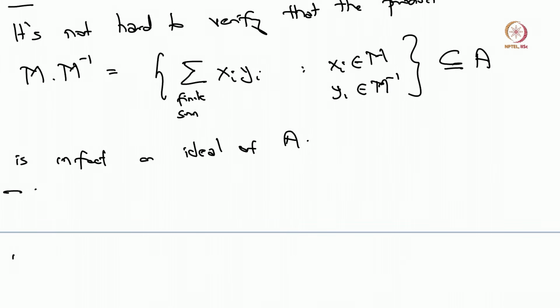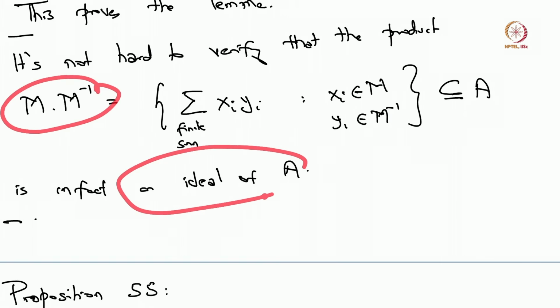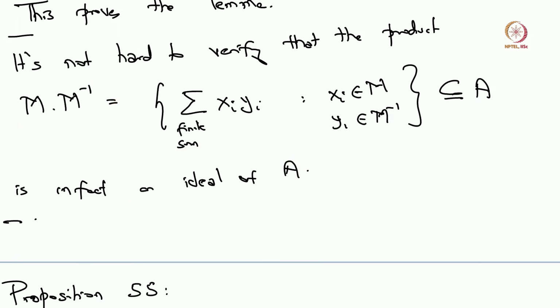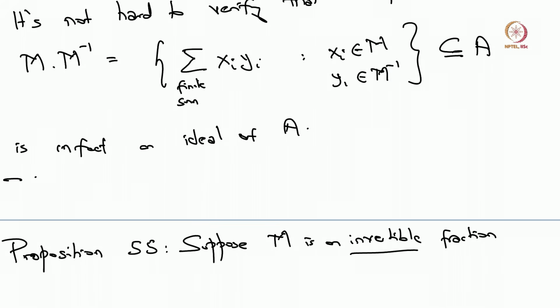And so the next proposition, proposition 55. So now the question is, you know that M times M inverse is an ideal of A, and just because I denoted this M inverse, it suggests that it could be an inverse to M. So I really want this ideal to be the whole of A. It's not always going to be true, but it will be true under a hypothesis. So suppose you know a priori that M is an invertible fractional ideal.